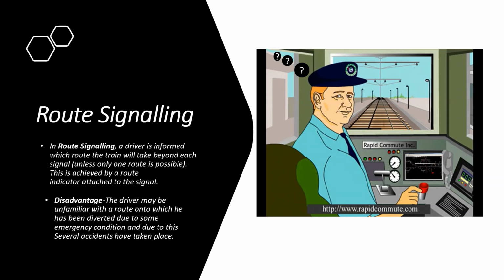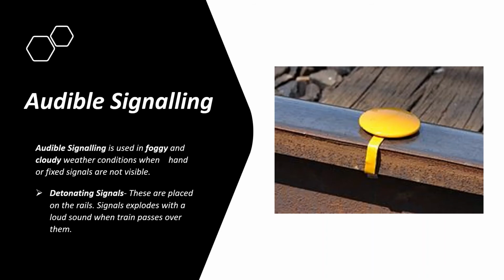So let us continue with another signaling method, that is audible signaling. This type of audible signaling is used when there are foggy and cloudy weather conditions, when hand or fixed signals are not visible.